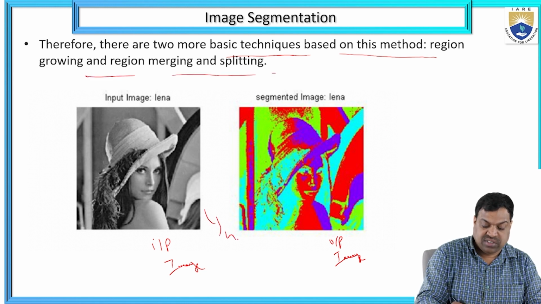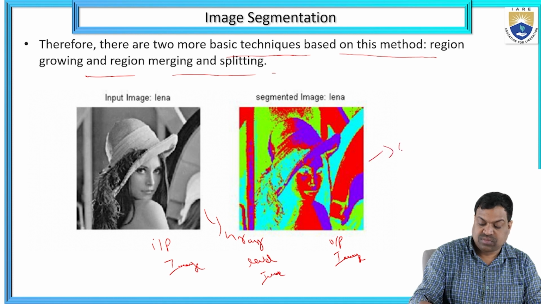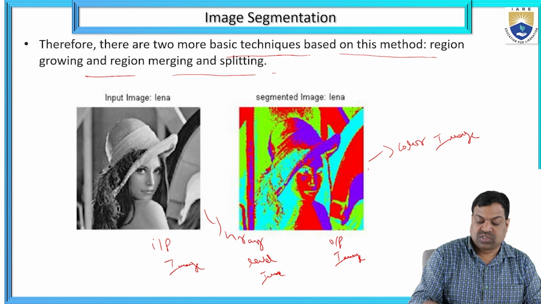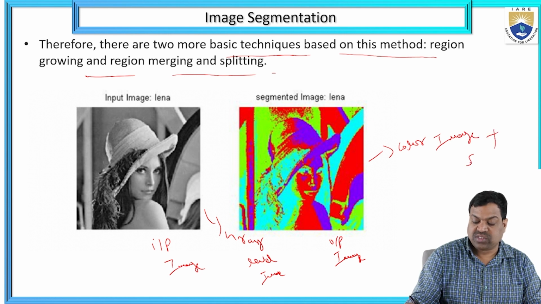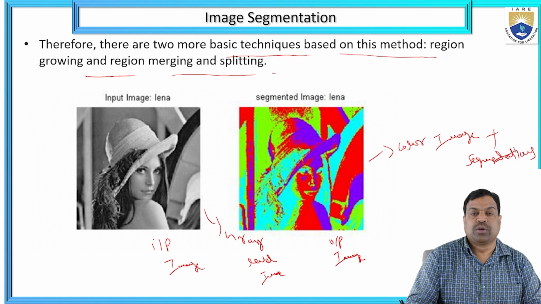Here I am taking an input image and an output image. The input image goes through region growing and region merging and splitting. The input is a gray level image, and the output is a color image plus segmentations. So the input is grayscale, and we are converting it to color with the segmentations.